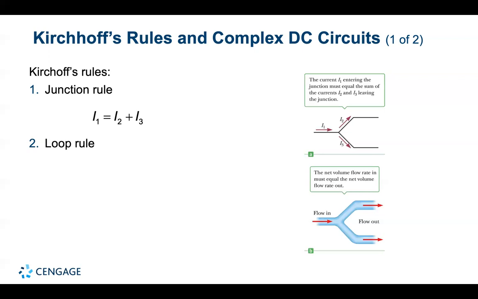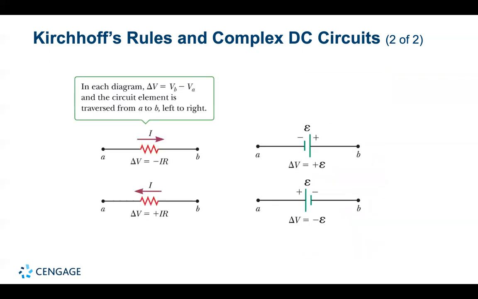In this case, electrical energy is converted to chemical energy as the battery is discharged. In this figure, we're showing the rules for determining the potential difference across a resistor and a battery, assuming the battery has no internal resistance.